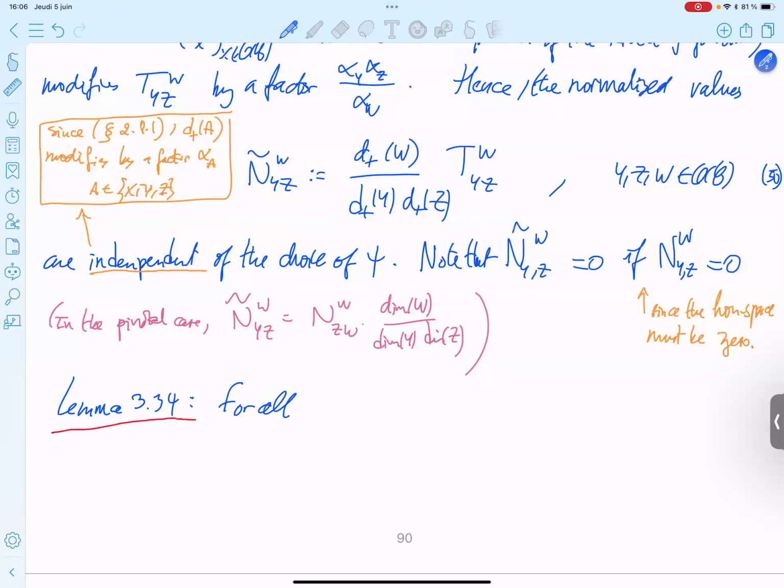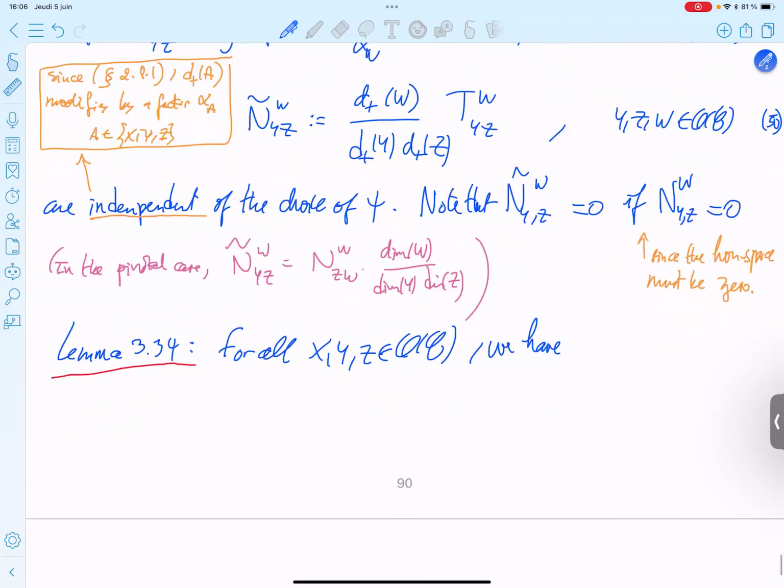So for all X, Y, Z simple in the Brillouin category C, we have S tilde X, Y times S tilde X, Z equals the sum over the simple object W of the isomorphism classes, N tilde YZW times S tilde XW.